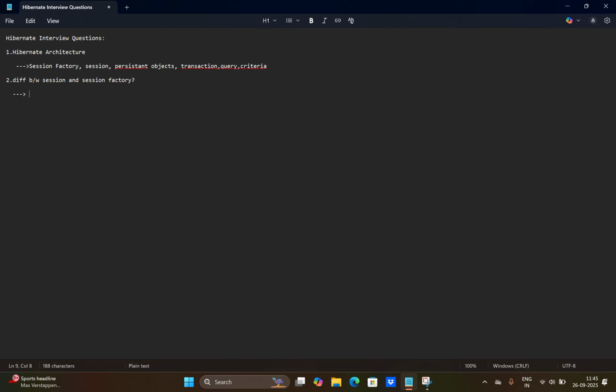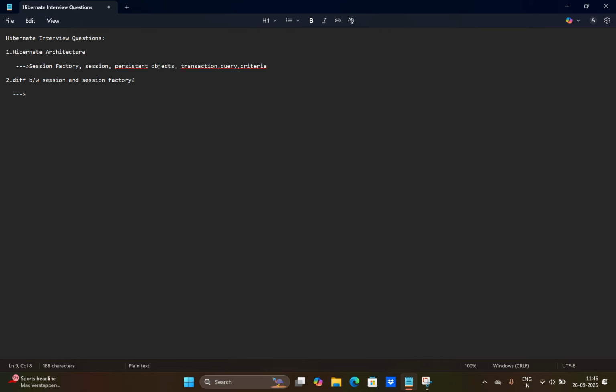A session factory creates and manages session instances. Coming to lifetime, a session is short-lived, opened at the beginning of a transaction and closed at the end. A session factory is long-lived, instantiated once per database configuration, usually during application startup.